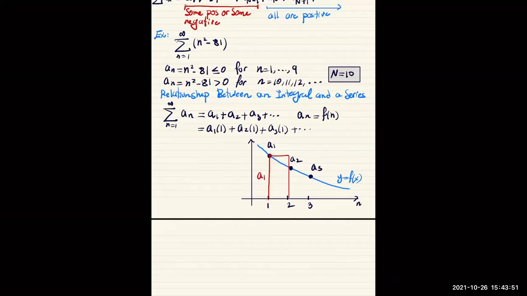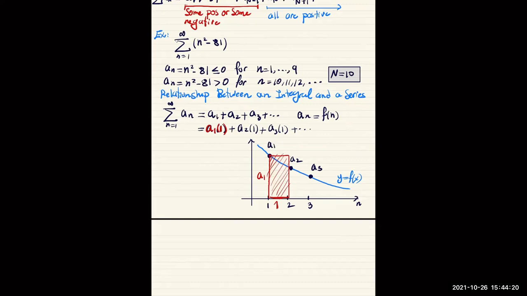And the width of the rectangle right here is 1, because the difference between 1 and 2 is 1. So this A1 times 1 is the area of that first rectangle. That's what the first term of the series is the same as, the area of this rectangle.